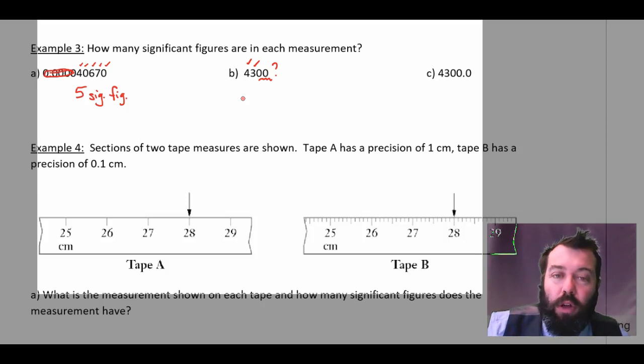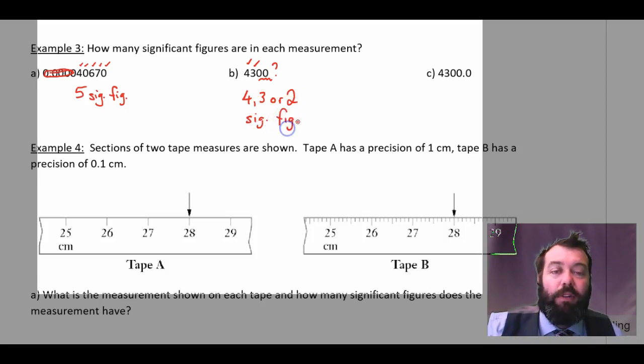But we don't know. It's hard to tell from that. So that might be 4, 3, or 2 significant figures. You really can't tell with a question like that, so you tend not to be asked them. Maybe it's exactly 4,300. Maybe it's only approximately 4,300.